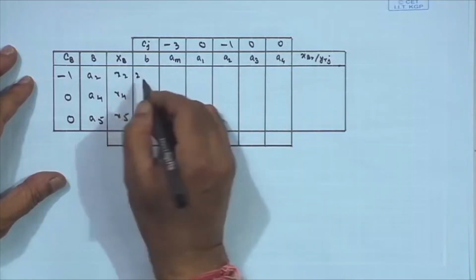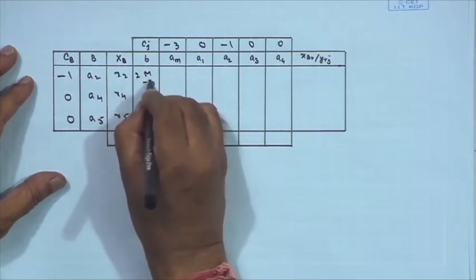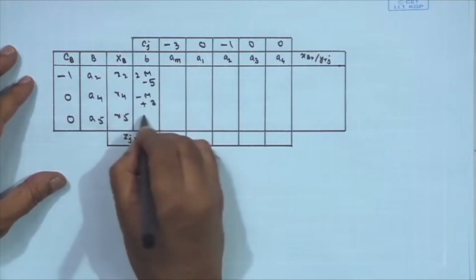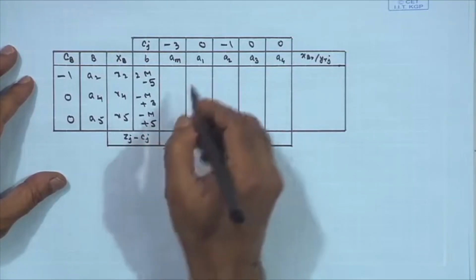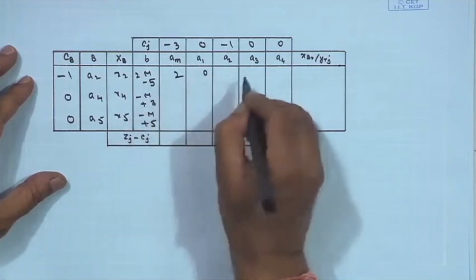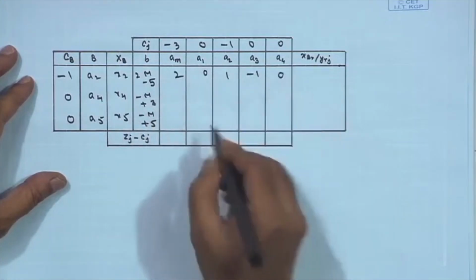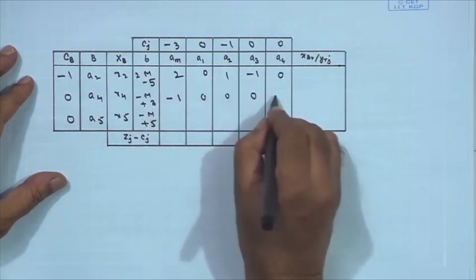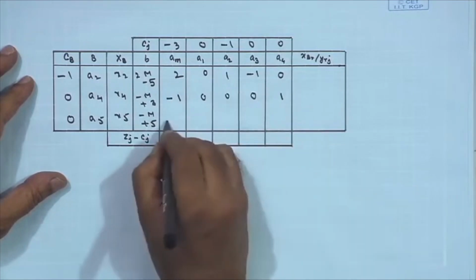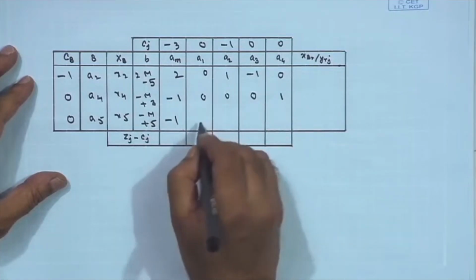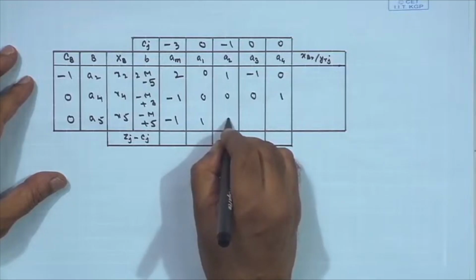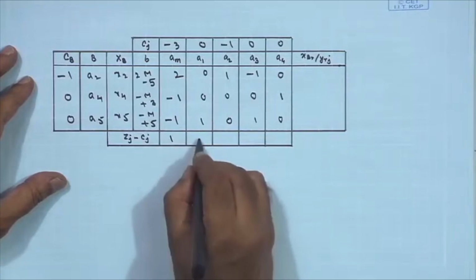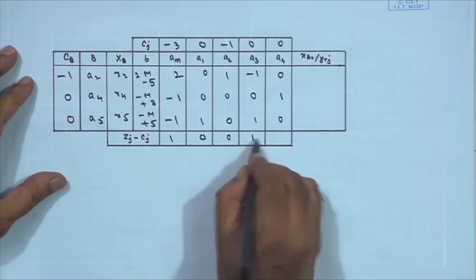I am just writing the values again: 2M minus 5, it will be minus M plus 3, minus M plus 5. So, it is 2 0 1 minus 1 0 minus 1 0 0 0 1. You should check these values. I am directly writing because of the time constraint: minus 1 1 0 1 0. If you calculate the Zj minus Cj value, it will be 1 0 0 1 0.